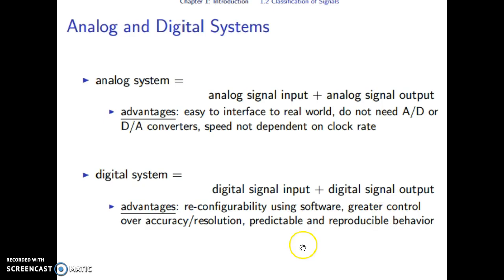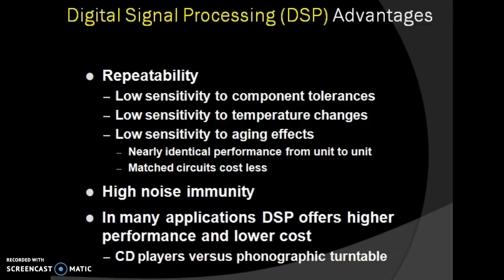You also have greater control over the accuracy and resolution of the system. And there are a lot of advantages for DSP processors, like low sensitivity to component tolerance, temperature changes and aging effects. That's why we use DSP processors in almost all applications.